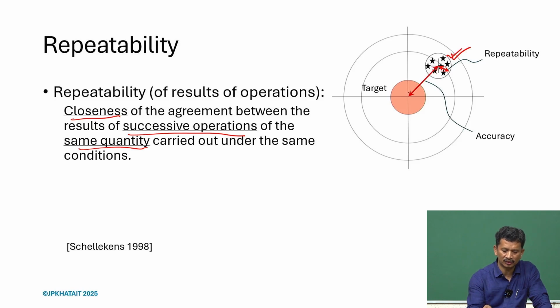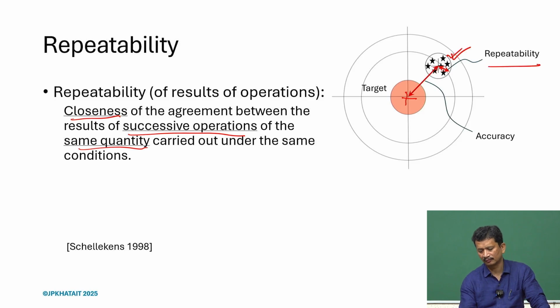So, we wanted to hit the target here, wanted to go close, but every time we make the movement, do the operation, it is going there. Those are the actual values, and that is the repeatability.